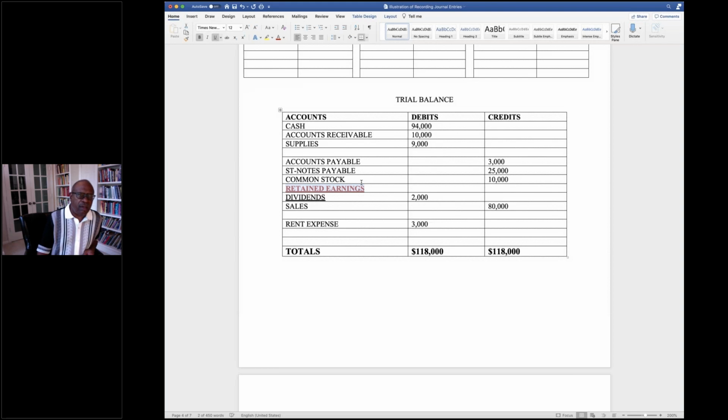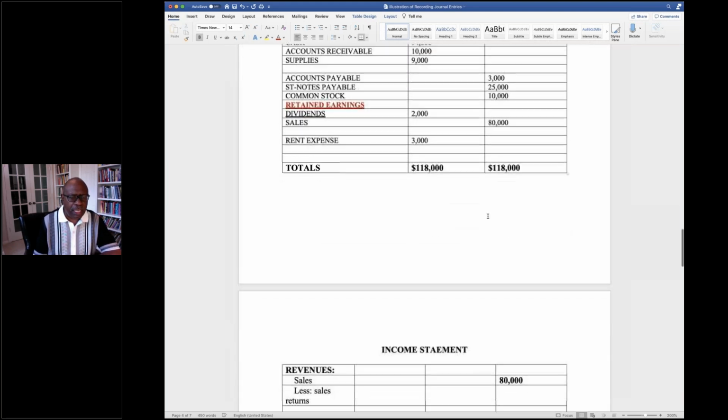And everything from retained earnings up goes on the balance sheet. Dividends down goes on the income statement. Retained earnings up goes on the balance sheet. So you can see the importance of this trial balance. If you have it in this order, and if you're in balance, then it's just a real simple thing.